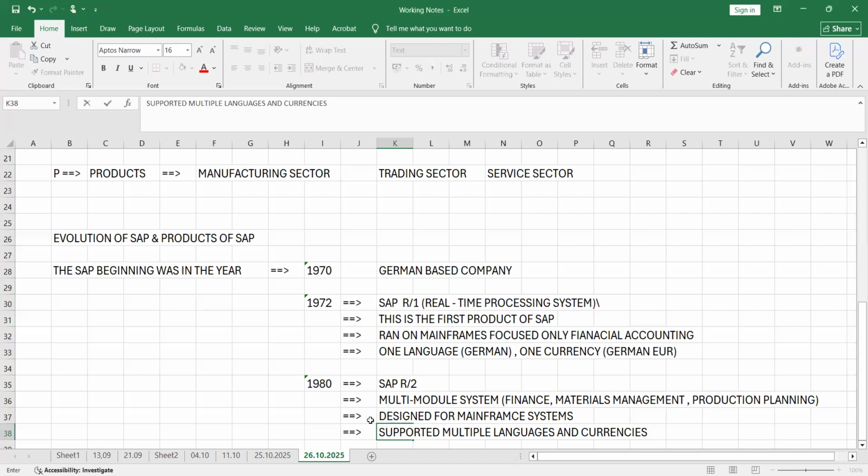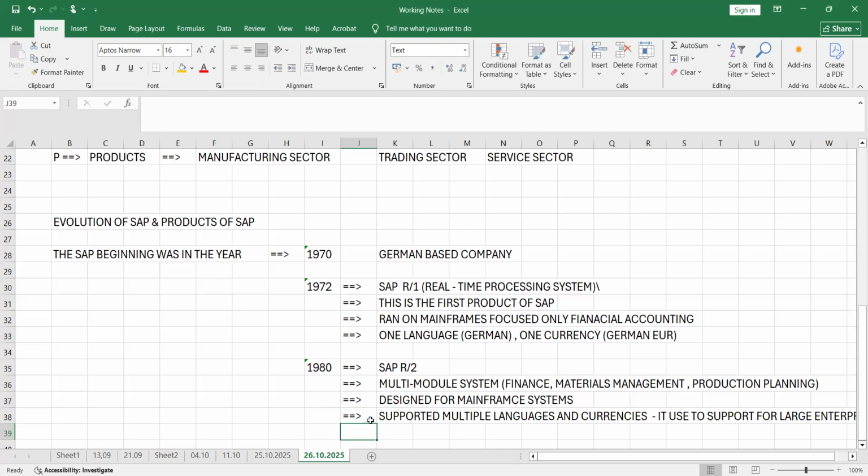And it supported large enterprises. Clear? Large enterprise means it is not meant for small business houses. It supported large businesses.